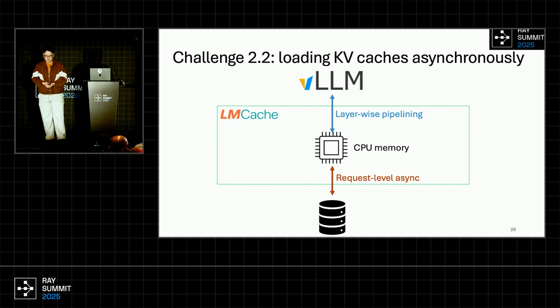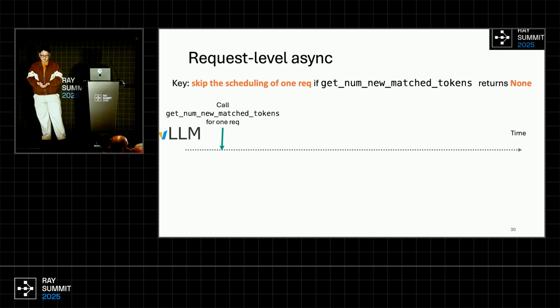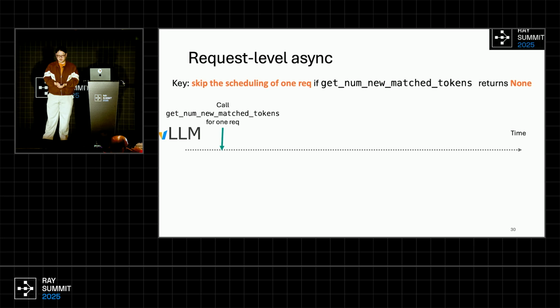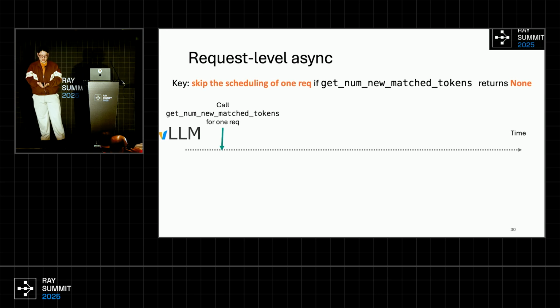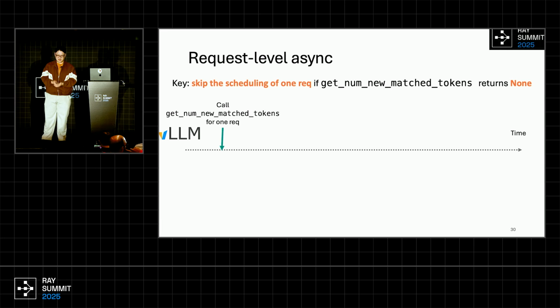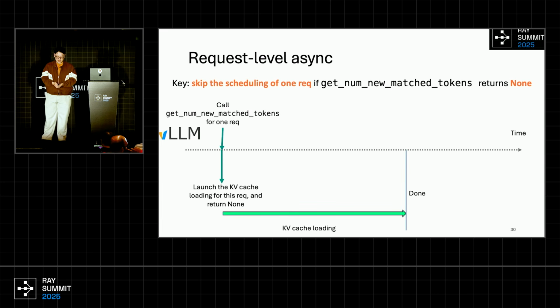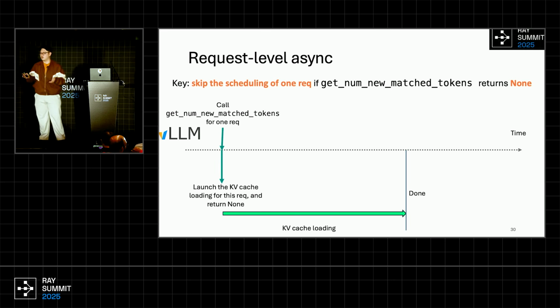Okay, so let's give a quick example of the request-level async. Our key design is to allow vLLM to skip the scheduling of one request if the scheduling API returns null. For example, we call this scheduling API, and because we have not loaded the KV caches from the remote storage to CPU yet, it will launch a loading operation first and return null. Let's say loading takes this amount of time.